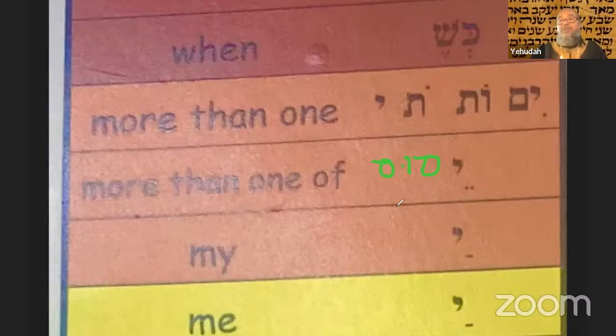If I want it to be more than one, the horses of, like the horses of David or the horses of the king, all I would do is add this to this last letter right there and go Susei. And that is the horses of. If I just want to say horses, I would go Susim.